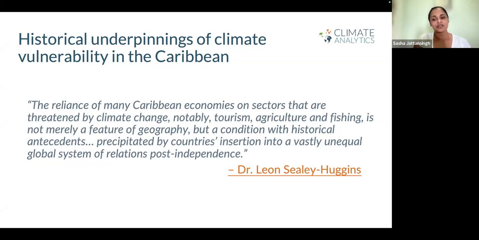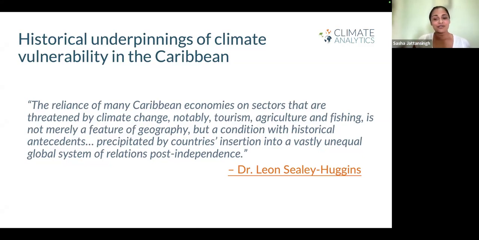And I really appreciate this quote from a paper by Dr. Leon Seeley Huggins: the reliance of many Caribbean economies on sectors that are threatened by climate change, notably tourism, agriculture, and fishing, is not merely a feature of geography, but a condition with historical antecedents, precipitated by countries' insertion into a vastly unequal global system of relations post-independence.